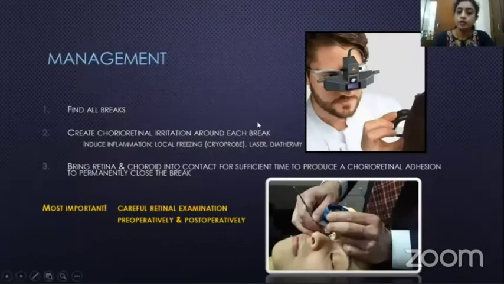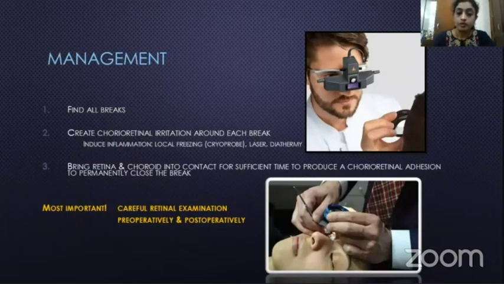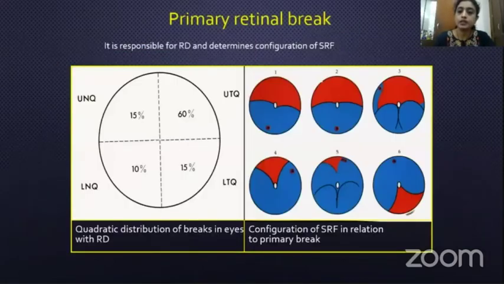Management: we need to find all the breaks with a careful retinal examination and create a chorioretinal scar for adherence of the break. We can apply the Lincoff rule to diagnose the retinal breaks. So in an inferior RD, usually at 6 o'clock, or a very bullous inferior RD, the break will be superior and small, and in a subtotal RD, usually the breaks will be 1 to 1.5 clock hours from the attached to detached retina.